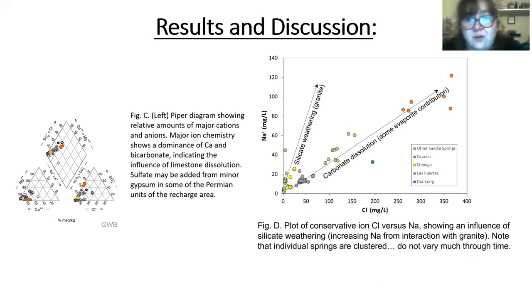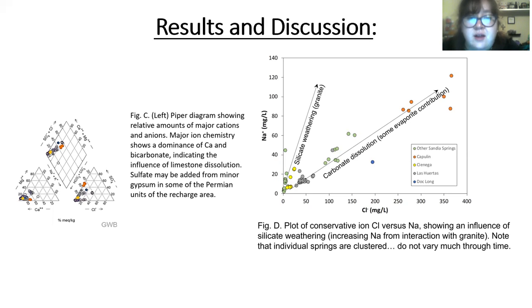This would then go into our sodium and chlorine graph, basically to show that most of our samples contained more carbonate minerals, which indicated that they fell within the limestone side of the Sandia Mountains.